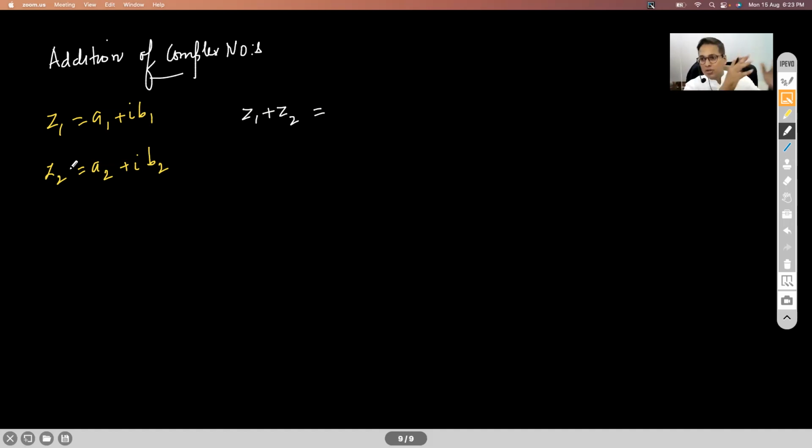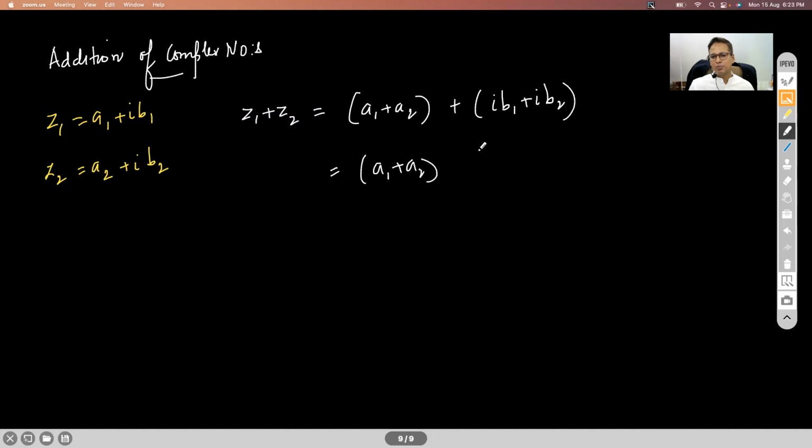You add the mangoes with mangoes and guavas with guavas, right? In the same way, when you add two complex numbers, you add real with real and imaginary with imaginary. So you can write this as (A1 plus A2) plus i(B1 plus B2), right?